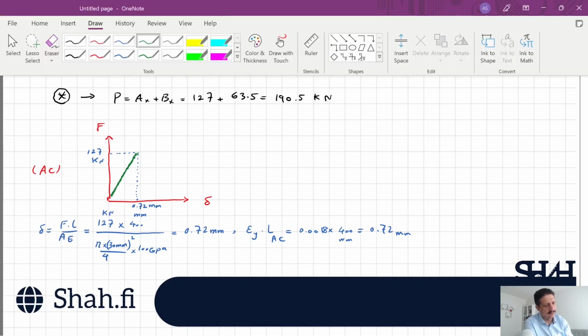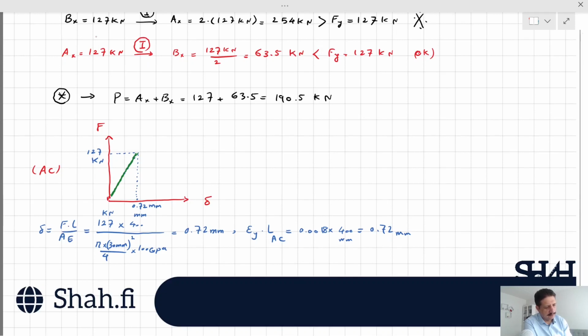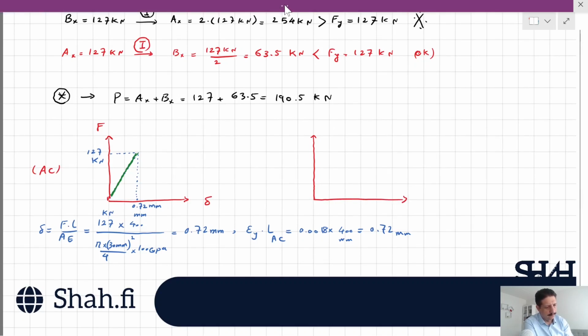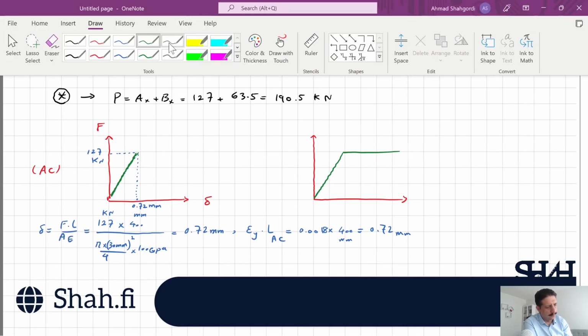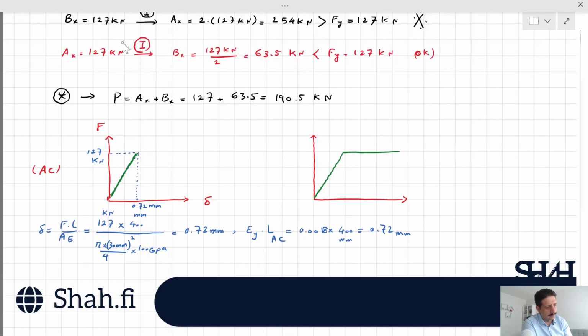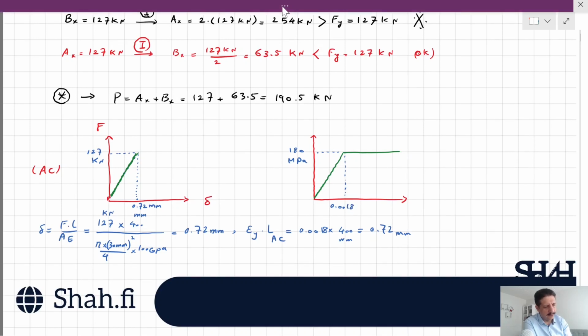Let's sketch the stress and strain graph. So here, epsilon and sigma.